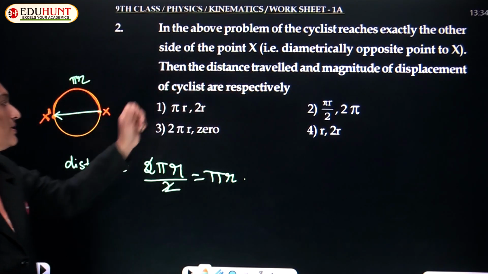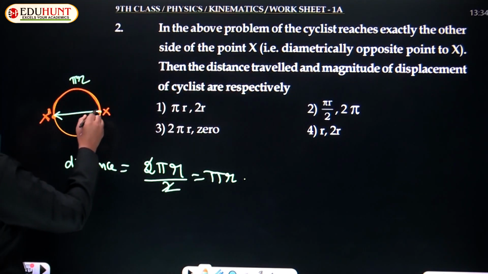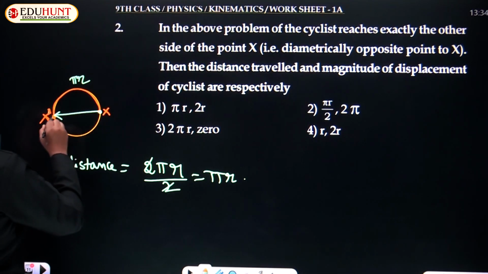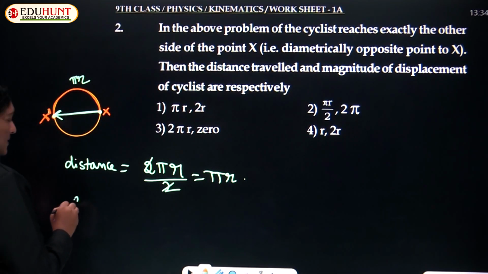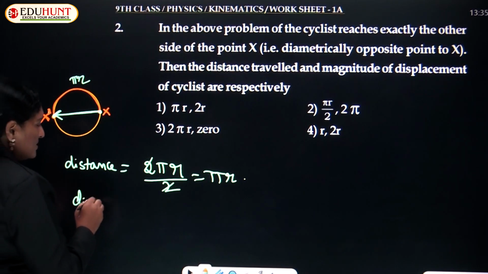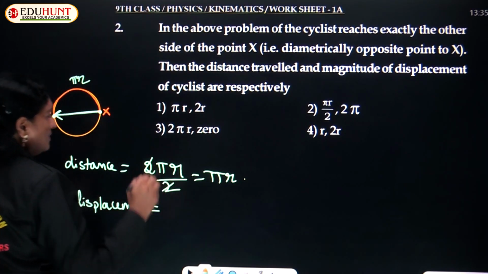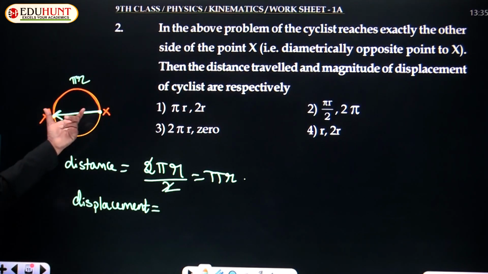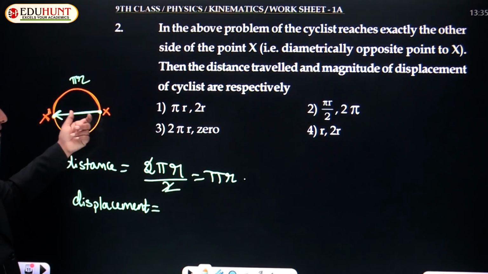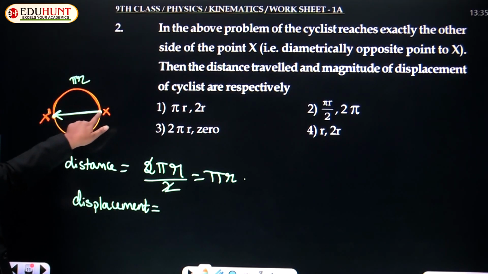And the magnitude of the displacement: this must be your initial position, this must be the final position, and here gives your displacement. The value of displacement equals the line joining the initial position and the final position. Magnitude means from here to here.